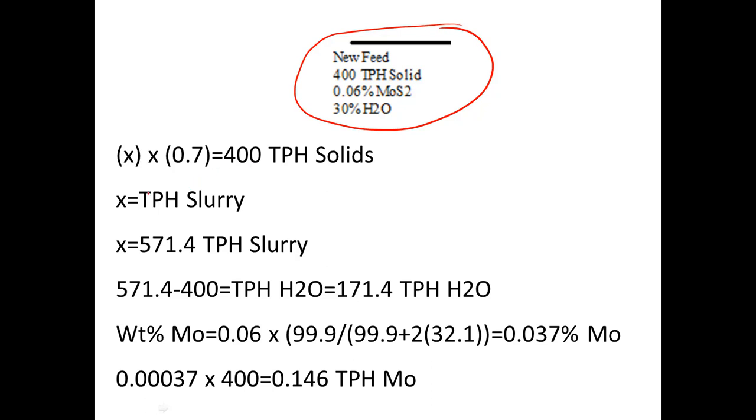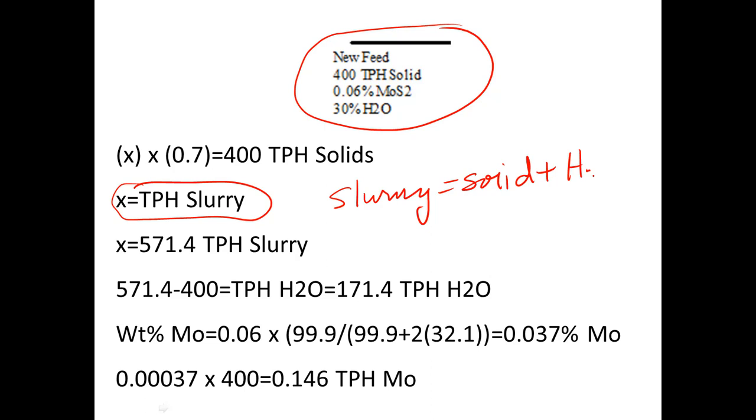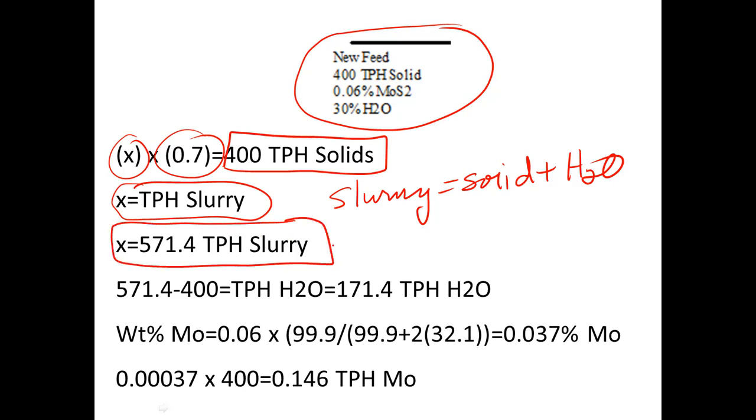So I've tried to isolate that feed with those known values. I'm going to call X the ton per hour slurry, and by slurry I just mean solid plus liquid. And if the weight fraction solids is 70% or 0.7, I can take X times that value and set it equal to my solid weight, and calculate a slurry weight of 571.4 ton per hour.